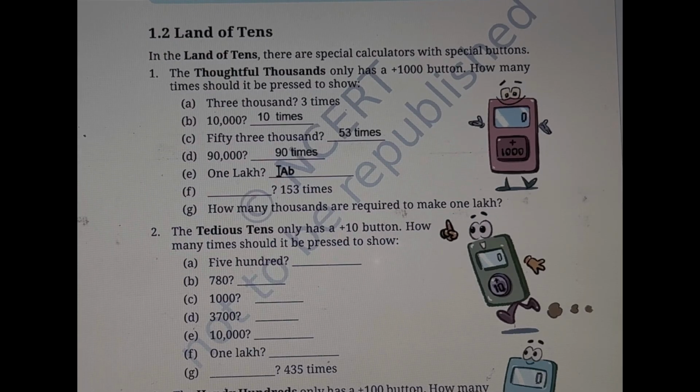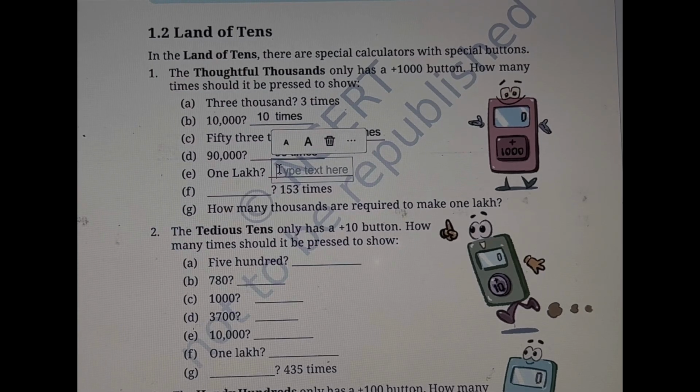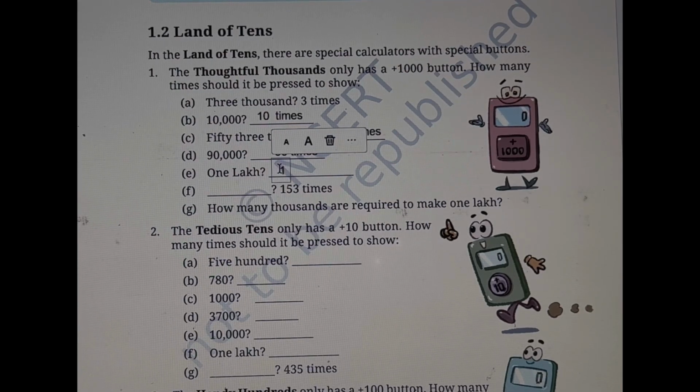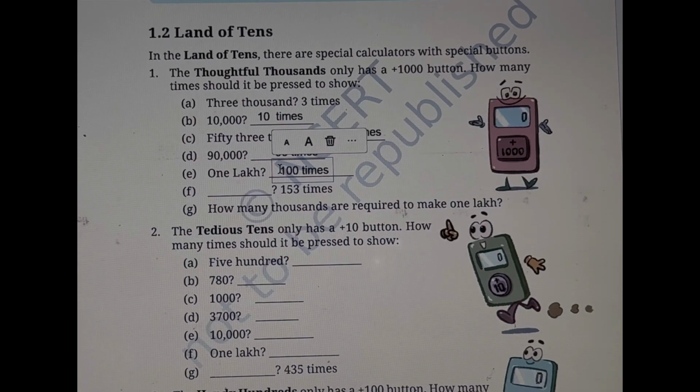Now 1 lakh. 1 lakh has how many zeros? After 1, it has 5 zeros. So remove 3 zeros from the back and the answer is 100 times. So 100 times 1000 will be 1 lakh. Now question F asks if you press the thousands button 153 times.